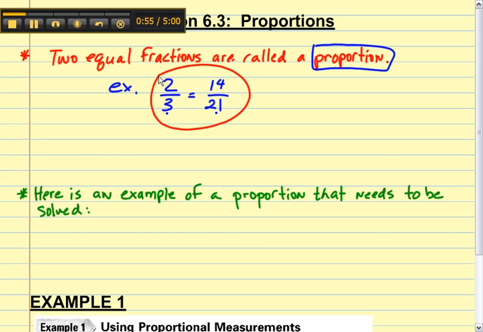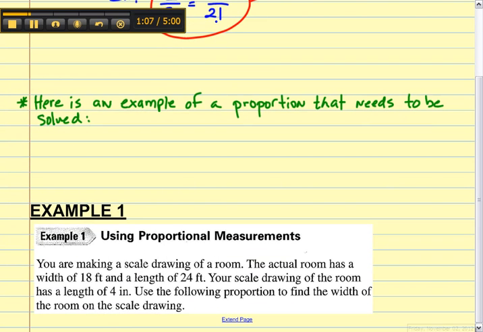This is called a proportion, a fraction equaling a fraction. Okay? Now, here's an example of a proportion that needs to be solved. Let me write one up here, Isabel. We'll start with 4 over 7 is equal to... I don't like 4 sevens.